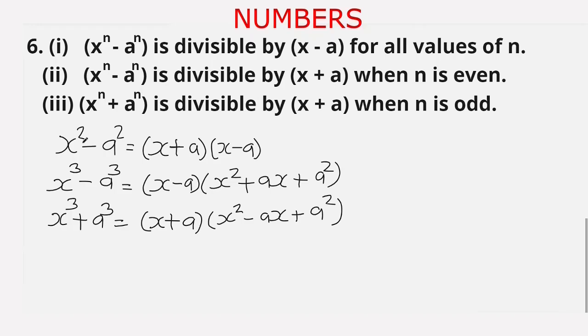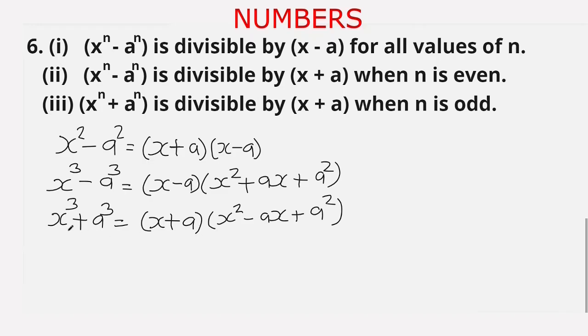But when it is odd, then x cube minus a cube does not have any factor x plus a. So x to the power n minus a to the power n is only divisible by x plus a when n is even.